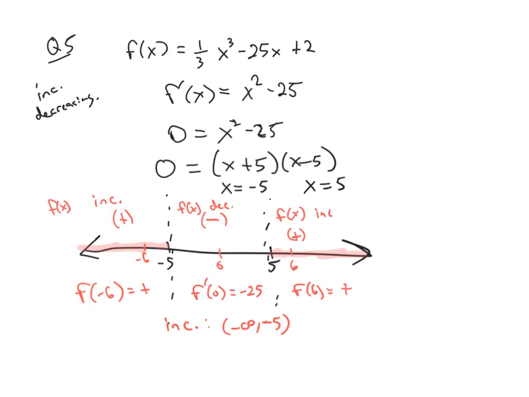So let's include from 5 to infinity. Now, where is our function decreasing? Well, we see it decreasing everywhere here in the middle. So we see it decreasing from negative 5 to 5.